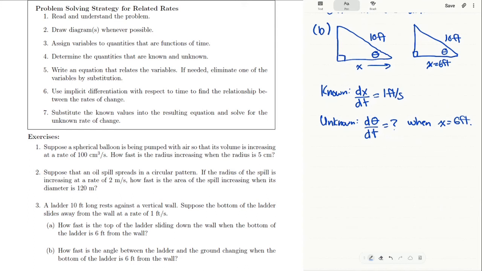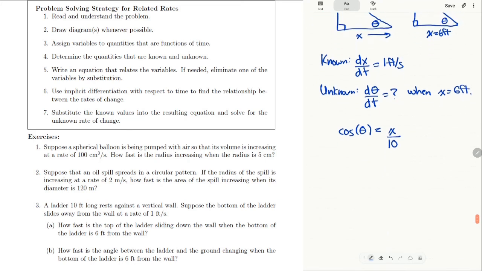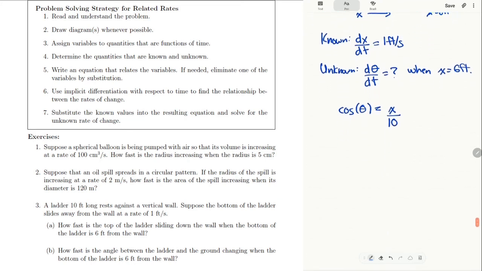So we have the adjacent side and the hypotenuse. Well, we know that cosine is the adjacent side over the hypotenuse. So cosine of theta is x divided by 10. So there is the equation that relates our quantities.